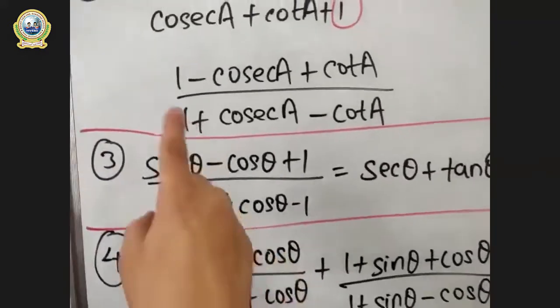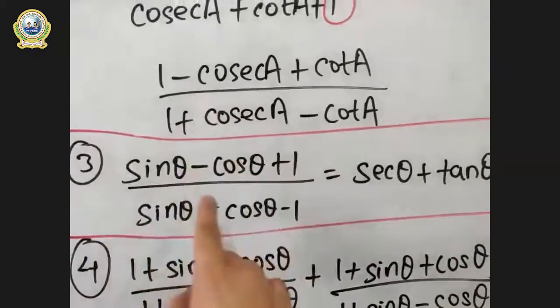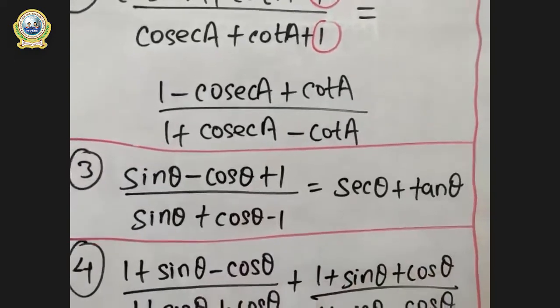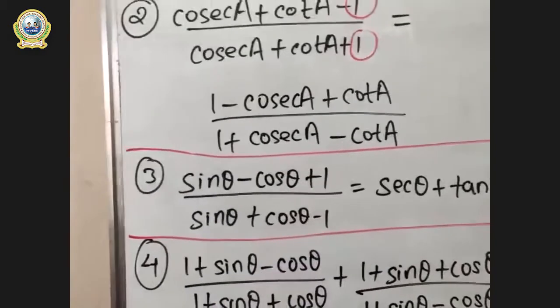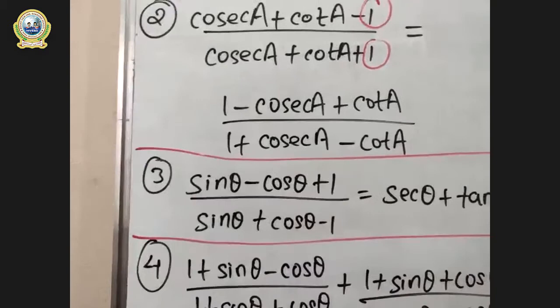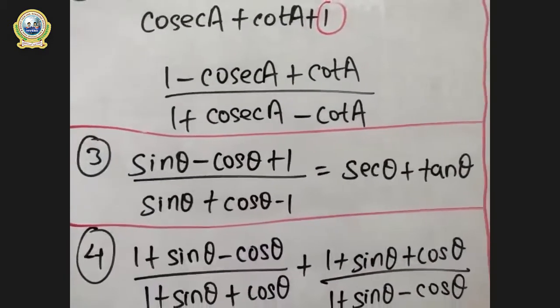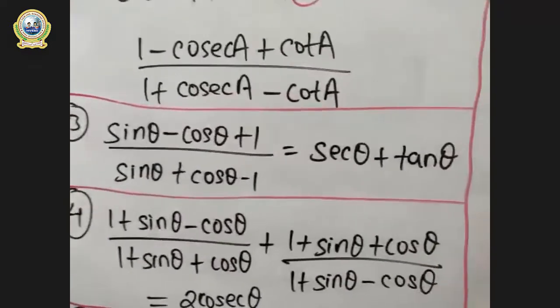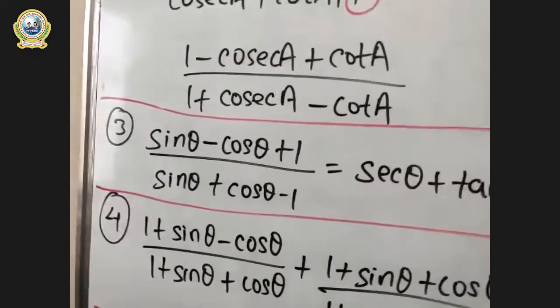It says (sin minus cos plus 1) over (sin plus cos minus 1), and here it is sec plus tan. Have you copied this? Copy the question. Do it faster. While you are copying the question, I think I should rub the board. Just a second, okay?